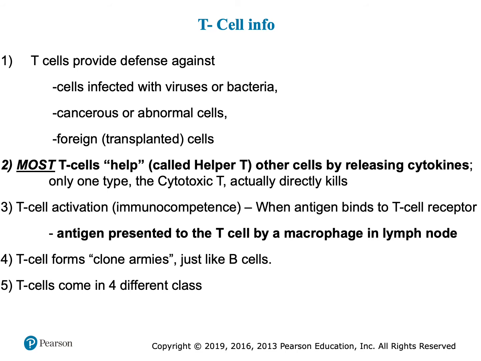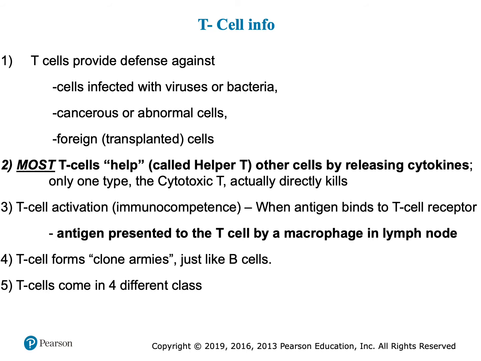Okay, so T cell stimulation, T cell activation, I guess I should say. What's going on with that is an antigen presenting cell is going to bring a little piece of antigen to a T cell.